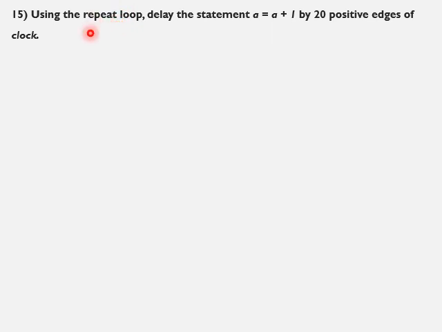Okay, so for example, suppose you have the clock pulse like this. This is the positive edge of the clock, right? So suppose you have an integer a which is initially 0. This should remain at 0 for 20 clock pulses. Say suppose this is 1, this is 2, this is 20.